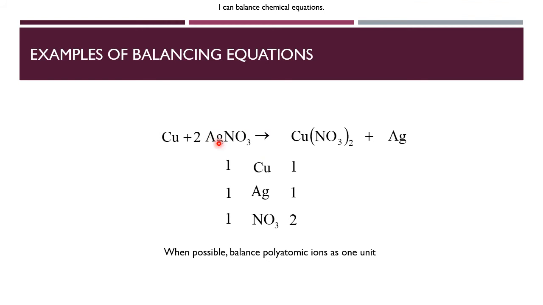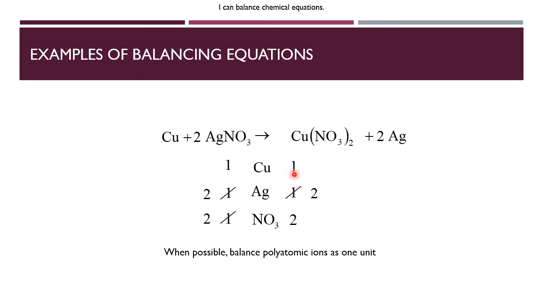So if I have 2 of those silver nitrates, that will give me 2 nitrate ions. But recognize I did not just change the nitrate, I now also have 2 silver atoms as well. Well, now that I have 2 silver atoms on the left, I'm going to need 2 silver atoms here on the right. So I will need a 2 coefficient here in front of the silver, and that will change my count there to 2. So now notice it's balanced.